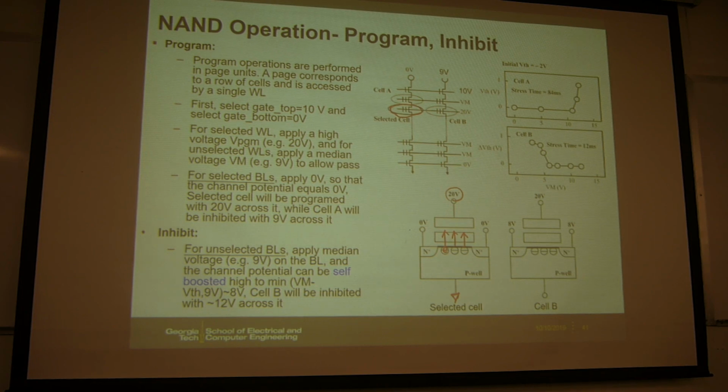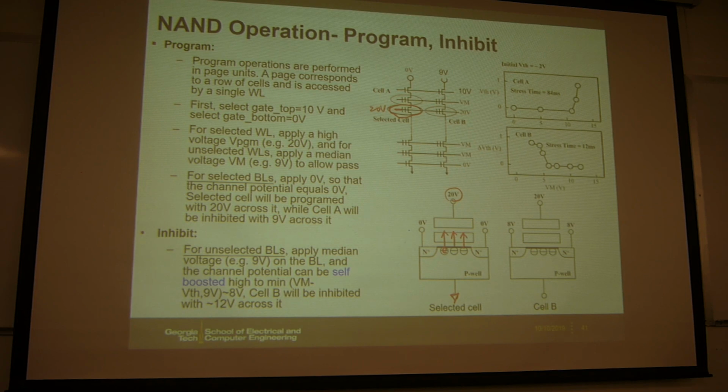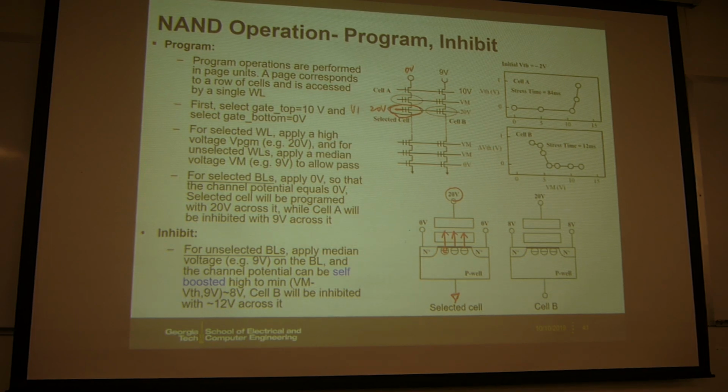So what you need to do is to apply 20 volts to this word line, to the selected gate or selected cell. And then you want to ground the substrate as the channel of this selected cell. So you need to apply 0 volt to the bit line. This is word line. This is bit line. So you need to apply 0 voltage to the bit line.